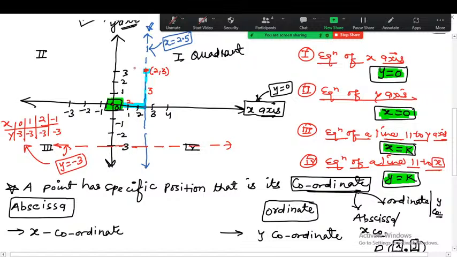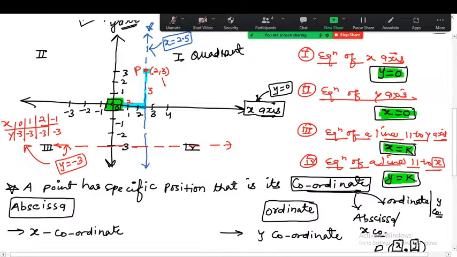And this location is a point that represents the exact movement, exact position. Now you are considering 2 units movement towards right on x-axis and 3 units movement just upwards parallel to y-axis.